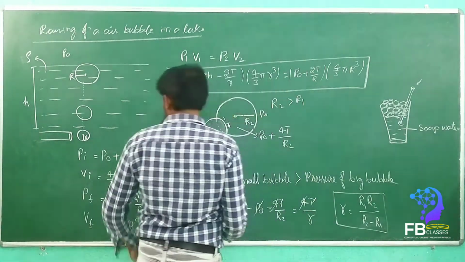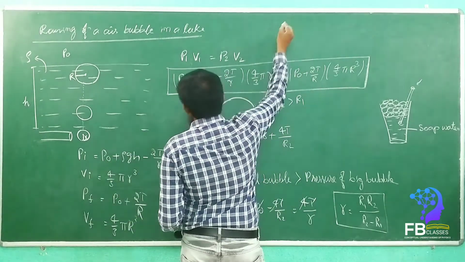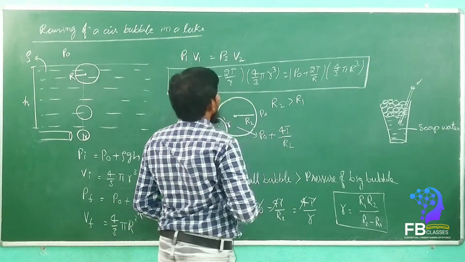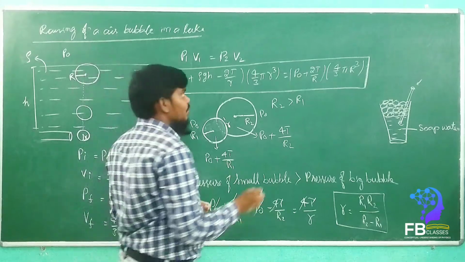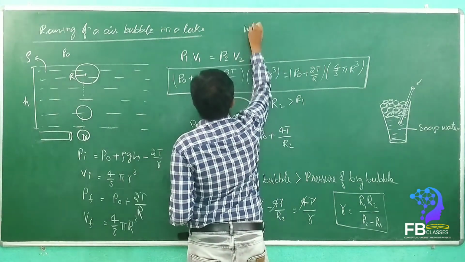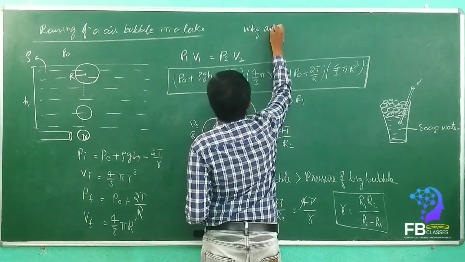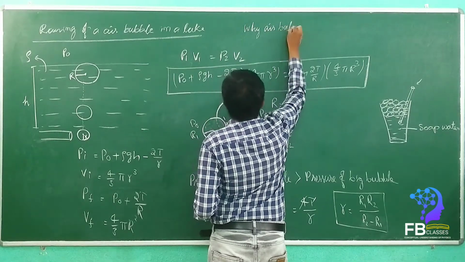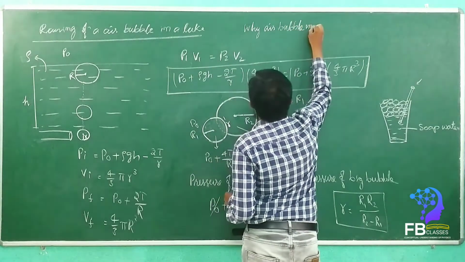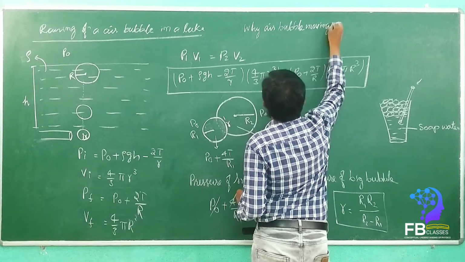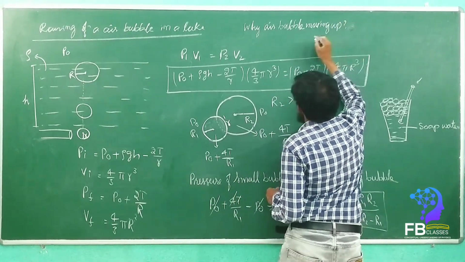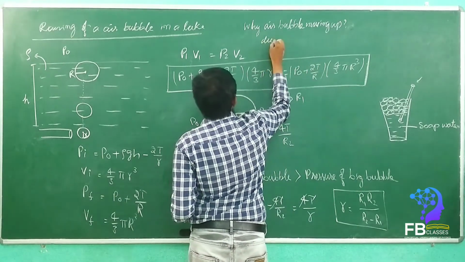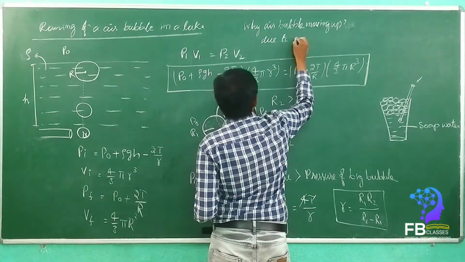You can make a note of it. So why is the air bubble rising up? Because of the buoyancy. Why is the air bubble moving up? Answer is, my dears, due to buoyancy.